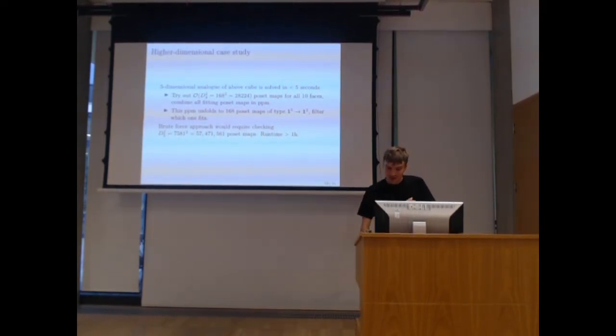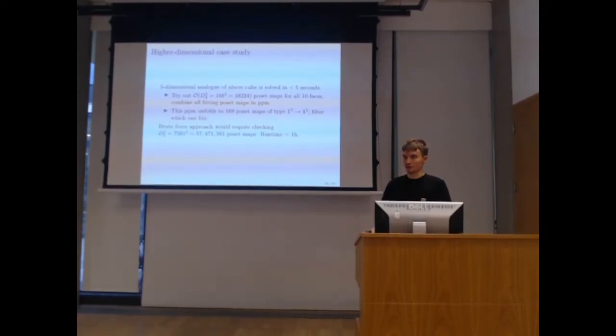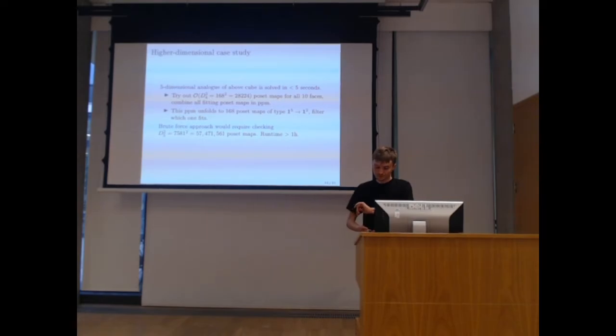So I think this approach can be improved, because here we can probably be more clever than just computing the poset maps of all the faces explicitly. This is work in progress, but even with this approach we already get to higher dimensional cubes way more efficiently than with the naive approach.